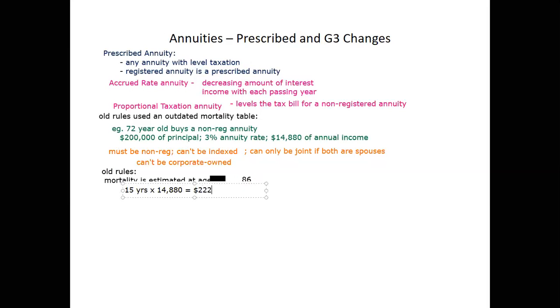That's $222,000 of total estimated annuity payments. Which means if you started off with $200,000 of principal, effectively $22,000 of this is interest if you live until your expected mortality.